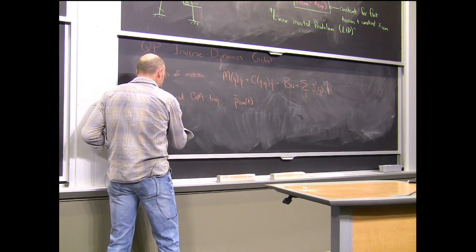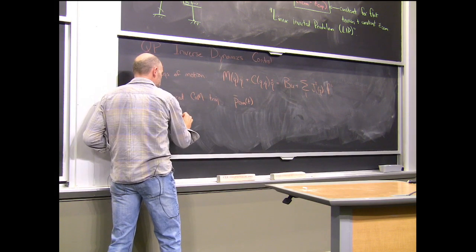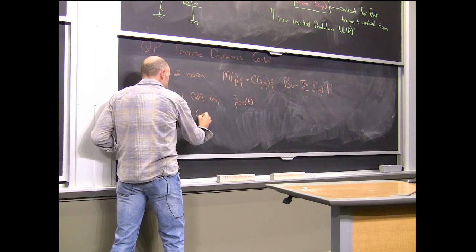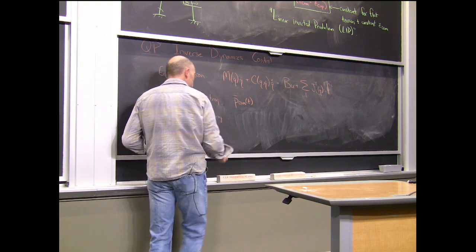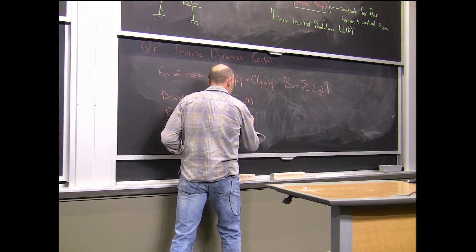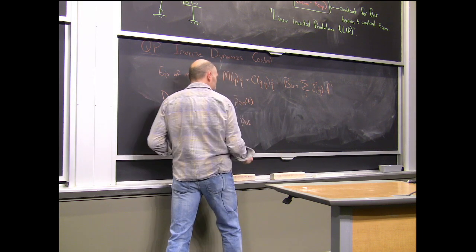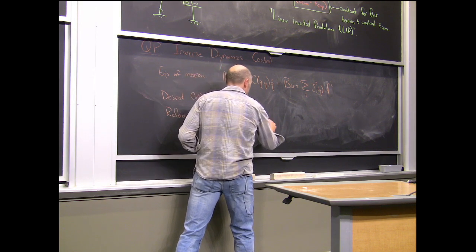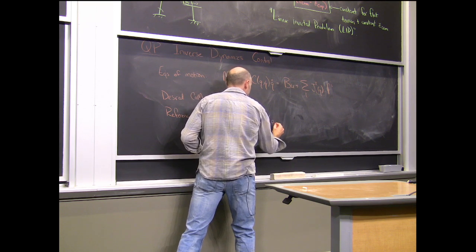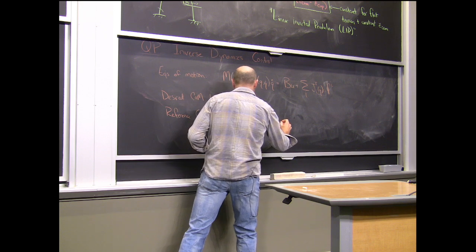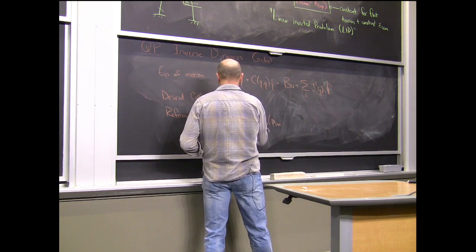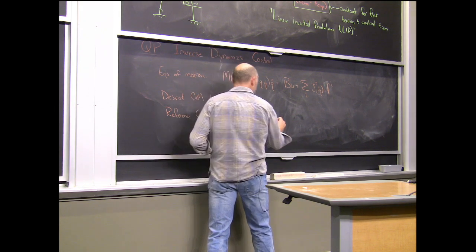The first thing we do is make a reference COM trajectory, which is basically a PD stabilized version of, let me call this, the desired versus the actual.